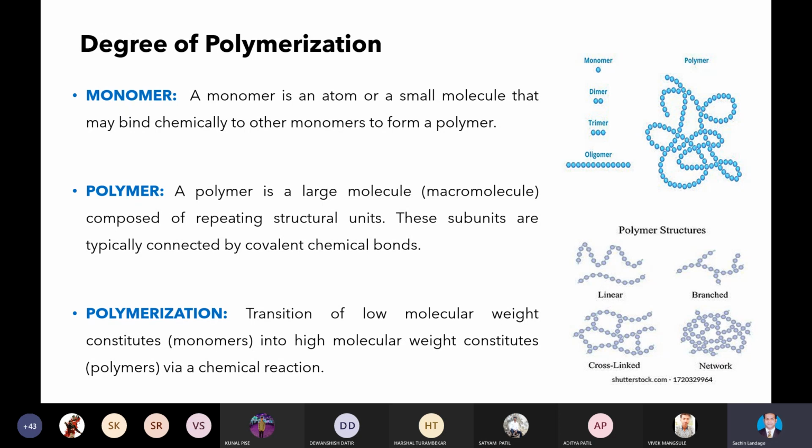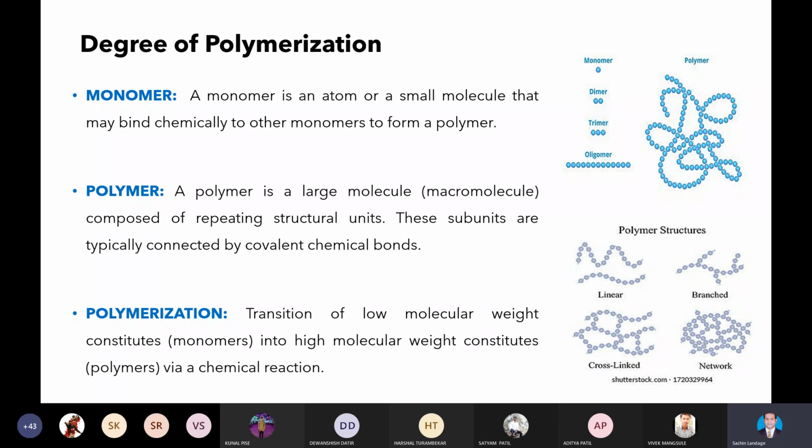See, a monomer might be an atom or small molecule that may bind chemically to each other to form a polymer. I'll give two different types of examples, different monomers. Monomers might be the same or not the same.